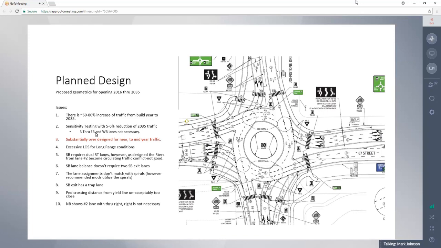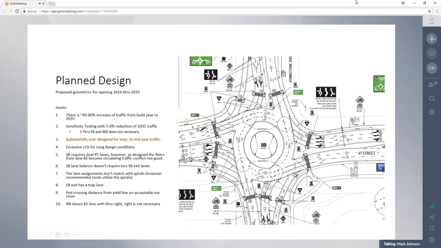So what happens if I reduce the flow by 5%? In this case, there was nearly 60 to 80% of increase from build year to long range. And so what we're able to do is quickly identify the fact that the 3 lanes on some of these entries were likely not necessary, and pointed out that there's going to be substantial over-design for near and midterm and likely long-term or potentially long-term as well.